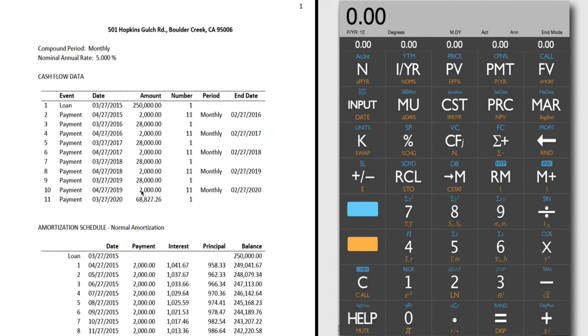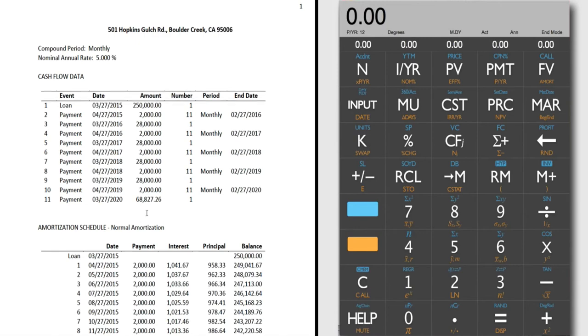So it's a 5-year note total. They make 60 payments of $2,000 and an additional $26,000 every year in March. So 2,000 plus the 26 is 28,000 every year like this, with the final balance due at maturity, 60 months out, of $68,827.